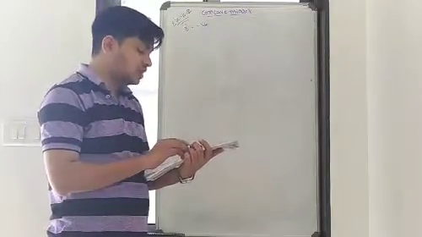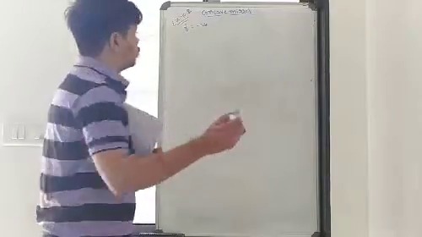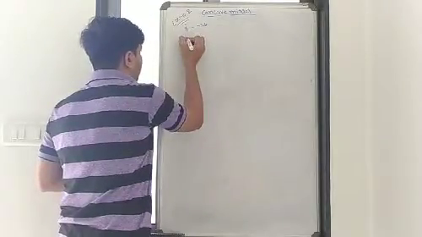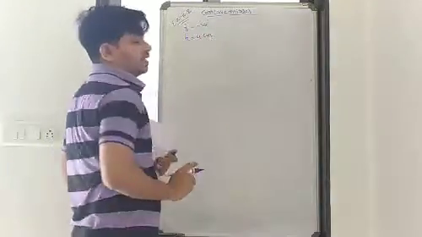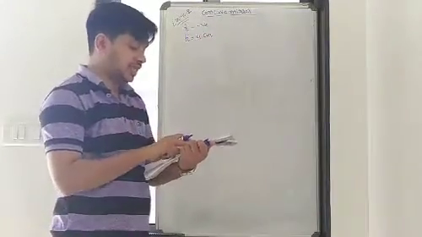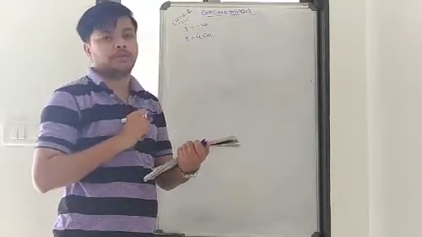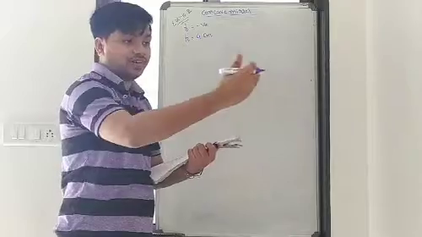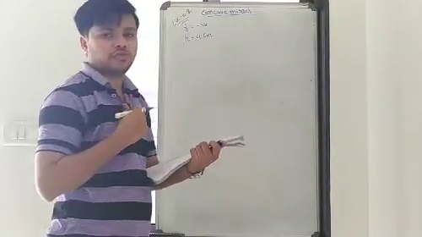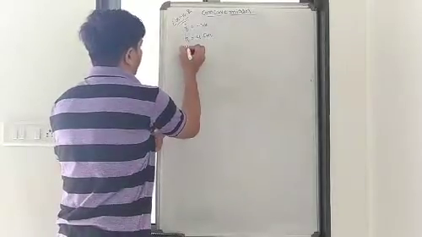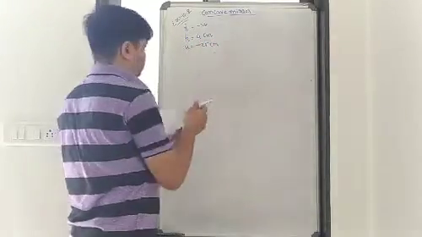An object 4 cm in size. So the object size is 4 cm. So the size of the object is H, which is 4 cm. Size, not a distance. It is placed at 25 cm in front of the concave mirror, which is the distance of the object, which is U. It's minus 25 cm.